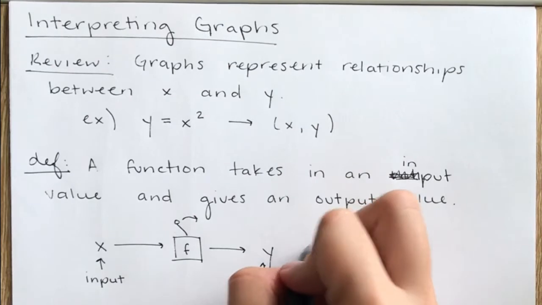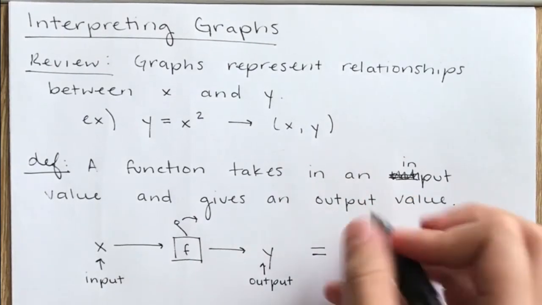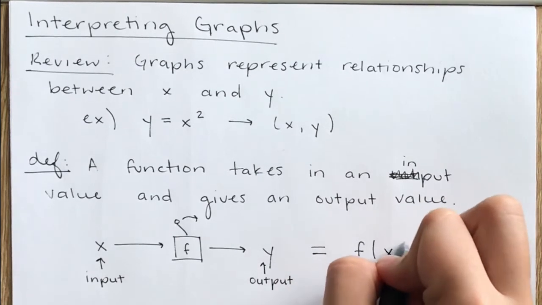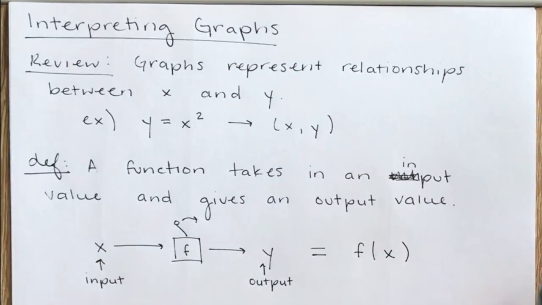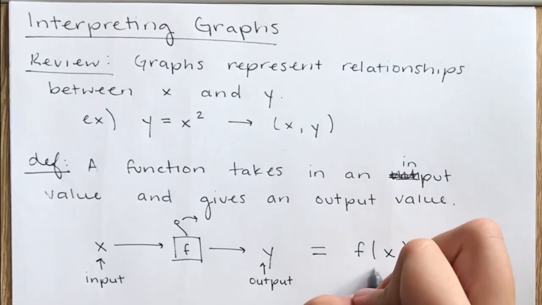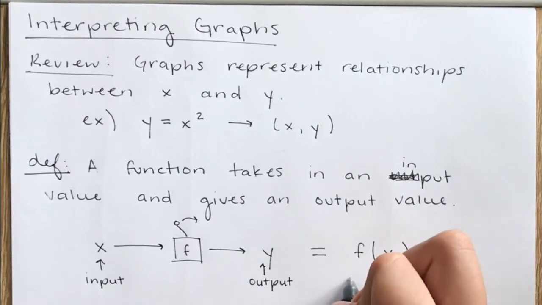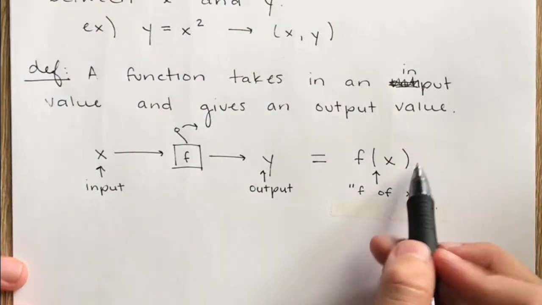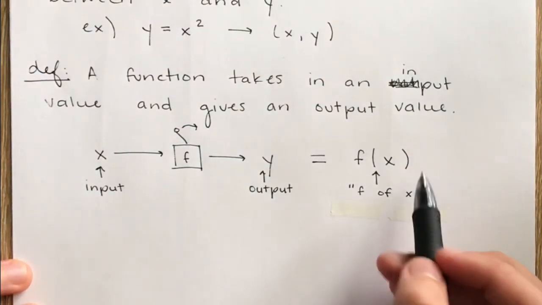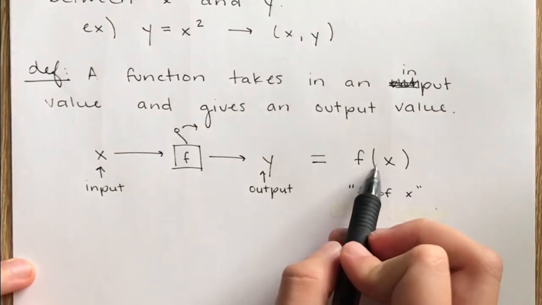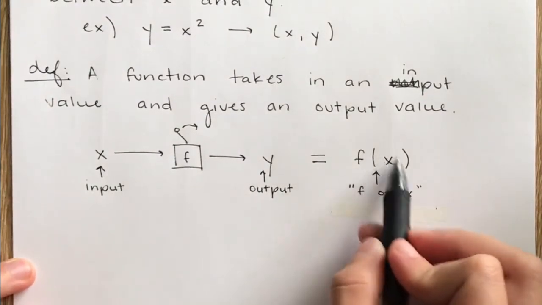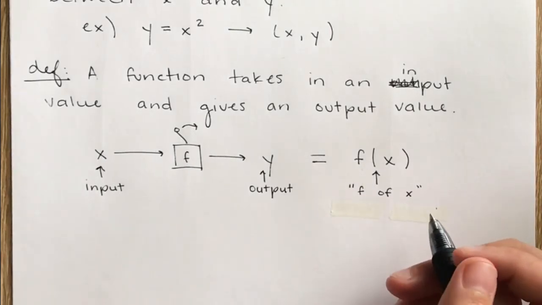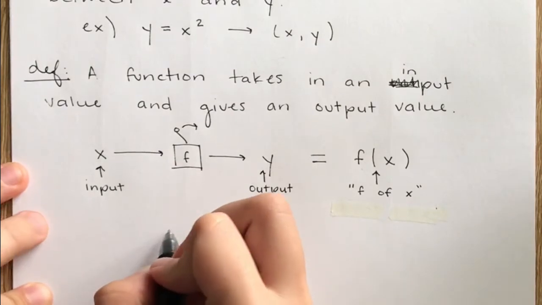And y we will sometimes call f of x. So we've got f with parentheses x. And again, we say f of x. This is not f times x, this is f of x, and this is what we got by putting x into f.